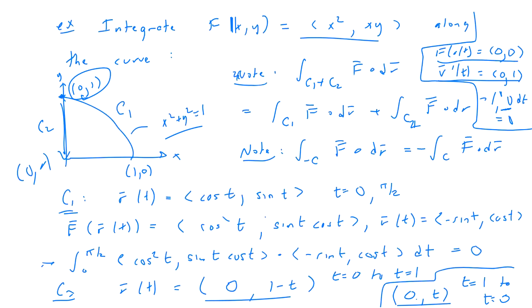Okay, so let's do this by itself. I want the line that goes from the point 1, 1 to the point 2, 3. So we want to get the equation of the line.